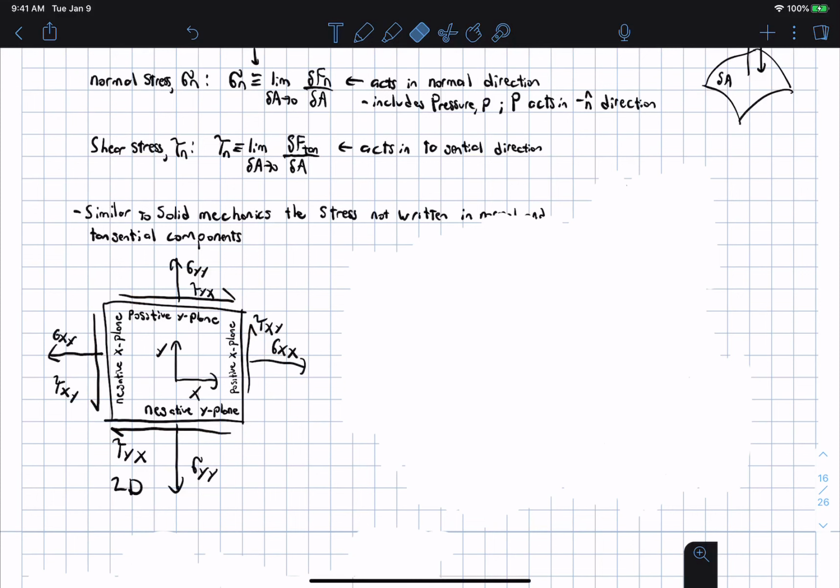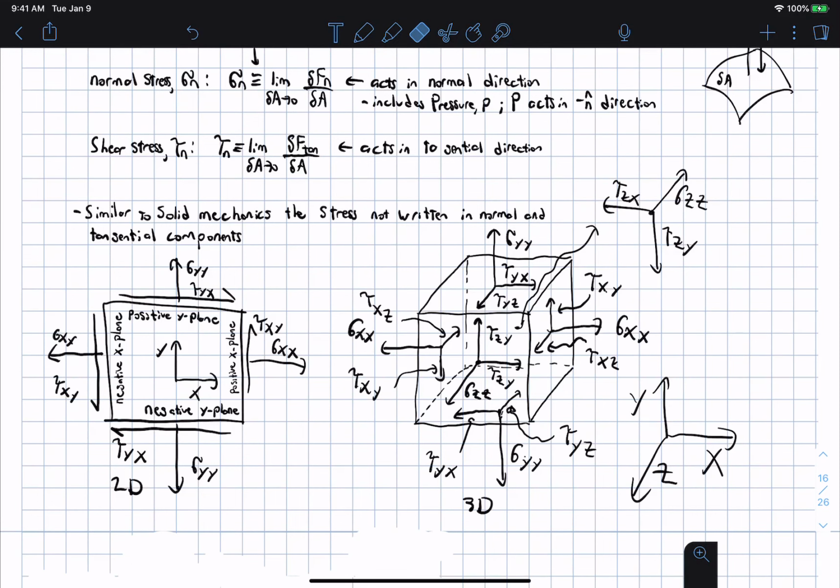Then also you can draw the same picture in 3D. It gets a lot more messy, and the fact that I'm not the best drawer in the world really comes to show. But here we now have 6 faces, because you have to account for the x, y, and z directions.